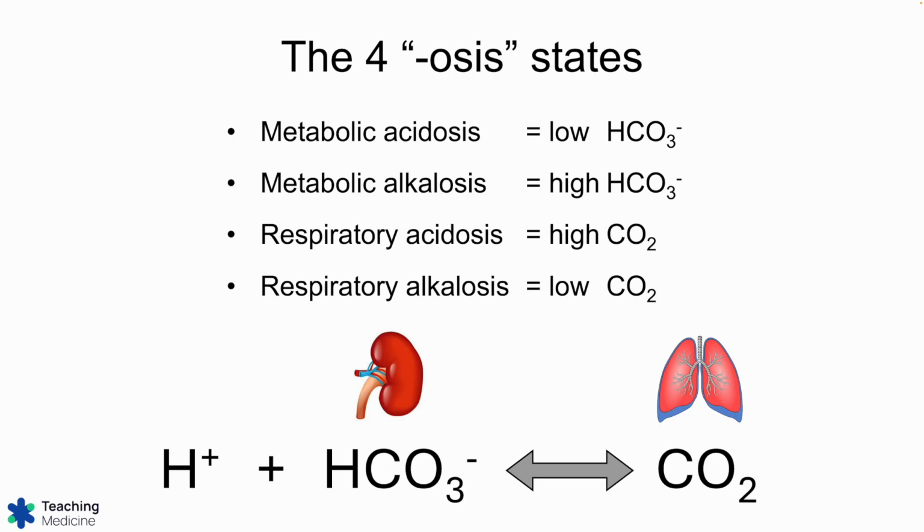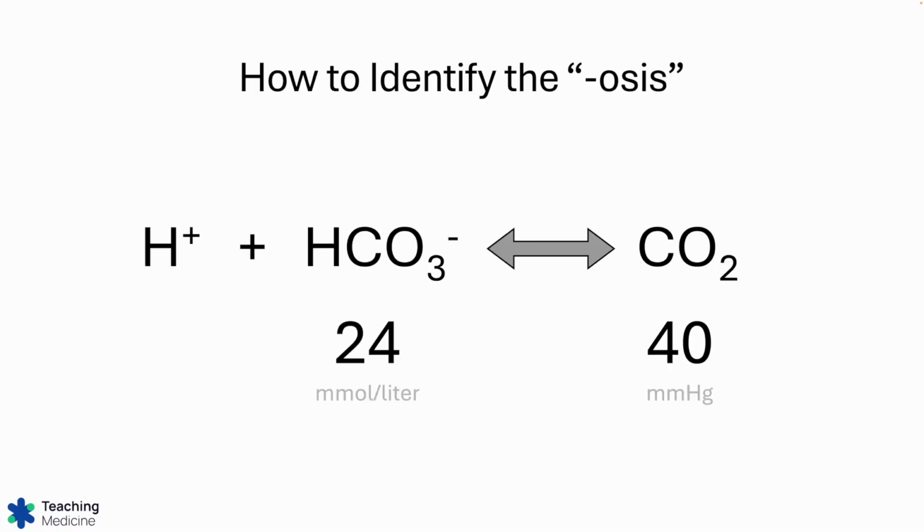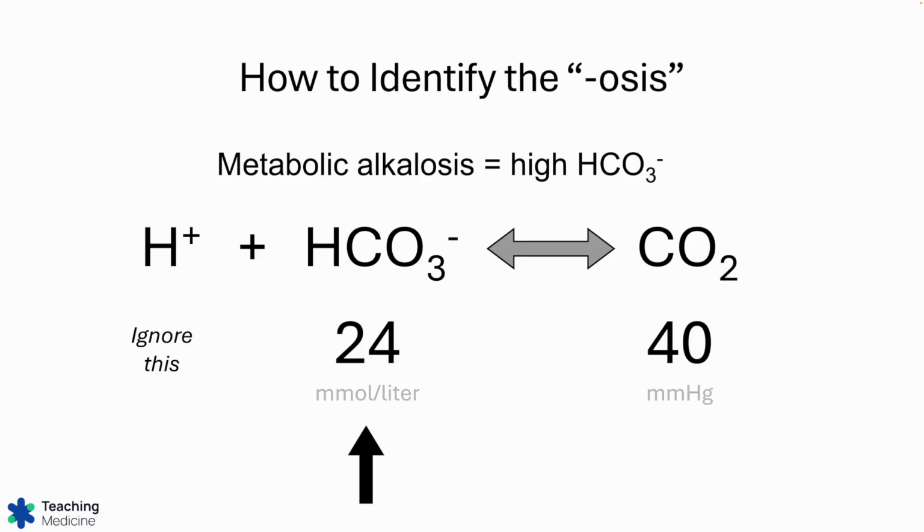So let's see if we can put a couple numbers into our equations and see what that looks like. So normal values, bicarb 24, CO2 40. We're going to ignore the hydrogen ion concentration for now because I just want you to focus on identifying the osis. So if we had a bicarb value greater than 24, we would say that there is a metabolic alkalosis process.